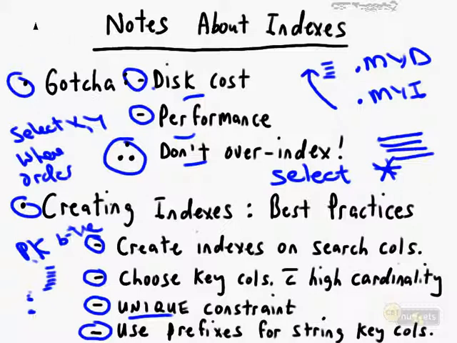That simply takes the first X number of characters in that field and builds the data page index, the B tree index, based on those characters. That's going to increase performance because the MySQL Query Optimizer doesn't have to read the entire string value. It can just look at the prefix. And as long as you make your prefix long enough to ensure as much cardinality as possible, you're still going to get good performance on those lookups at a reduced disk cost.